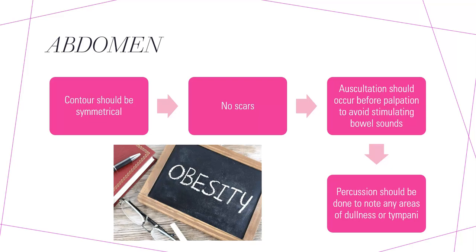If you're going to auscultate, you need to do that before you palpate to avoid stimulation of the bowel sounds. Percussion should be done to note any areas of dullness or tympany. You're probably not going to do this in clinic. You may do it in the hospital.